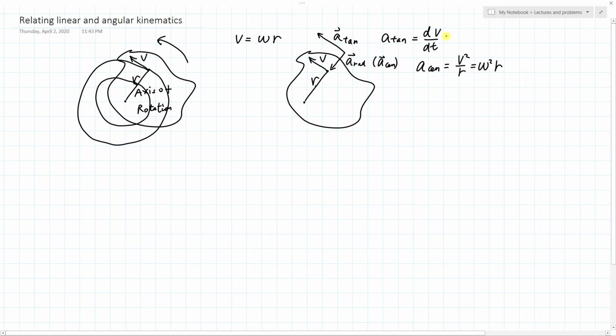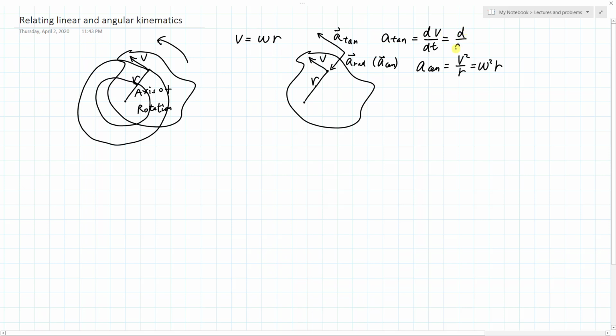And this tangential one here, because we have found the relationship between omega, r, and v, we can also have a similar relationship if you just plug this into that formula.